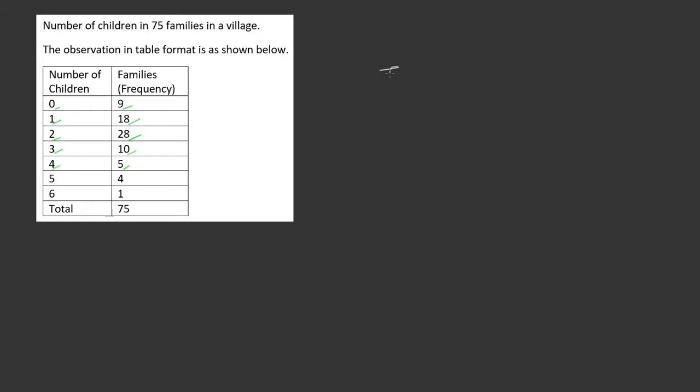So, we need to find the total number of children divided by the number of families. How can we find the total number of children? It can be obtained by summing up all the children.